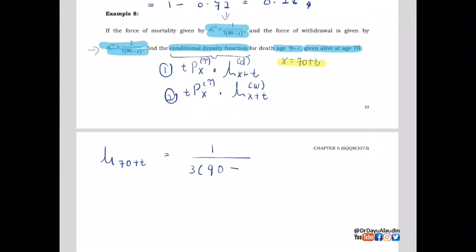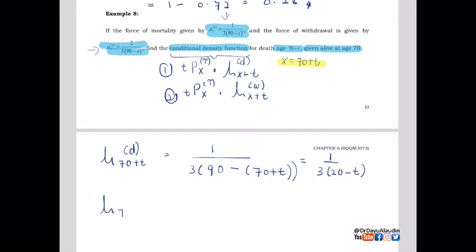We substitute x with 70 plus t, and we will get 1 over 320 minus t. So this is for death.